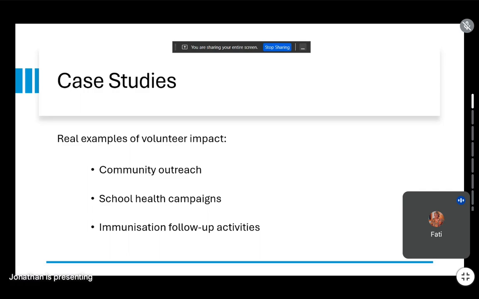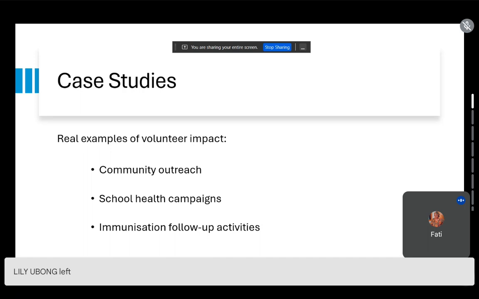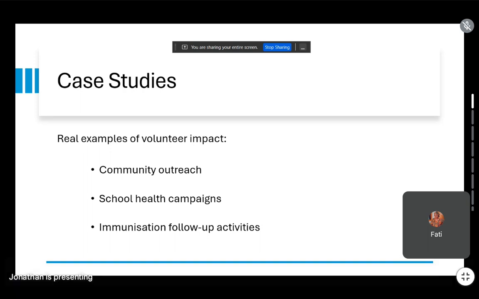The attendance increased. Then the last one I want to talk about is the immunization campaign. A team of volunteers helped trace children who missed their measles, rubella dose. At the end of the program, coverage increased from 76% to 93%, which is very, very significant.